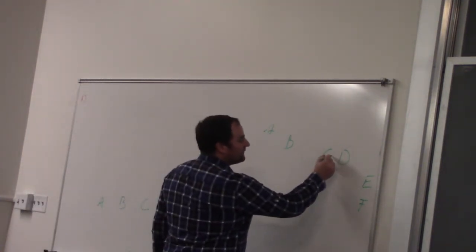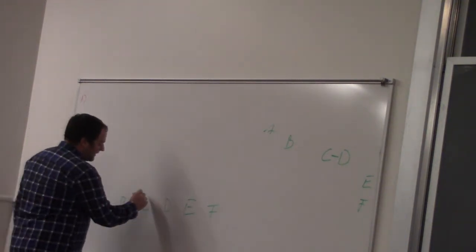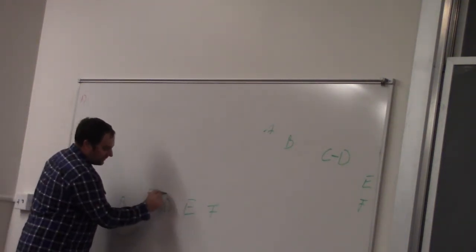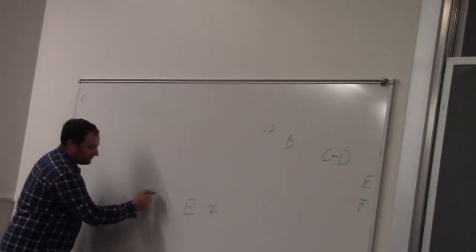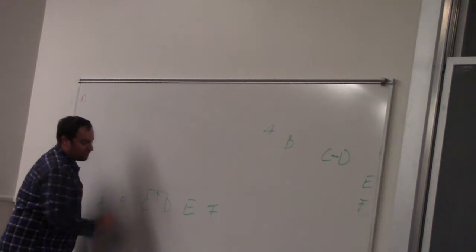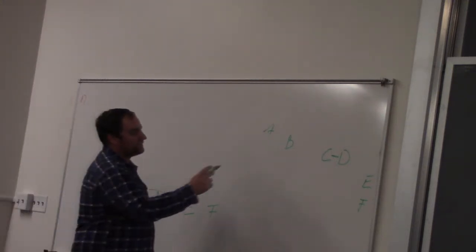And the two closest points in this case are C and D. And so what we do in the dendrogram is we draw an arc between C and D. And here the height corresponds to the distance between those two nodes. Okay, so we have now done C and D.